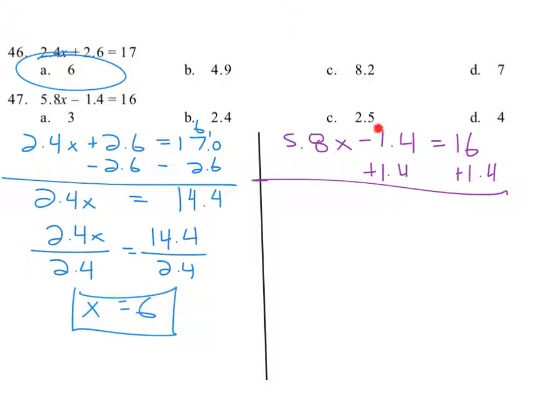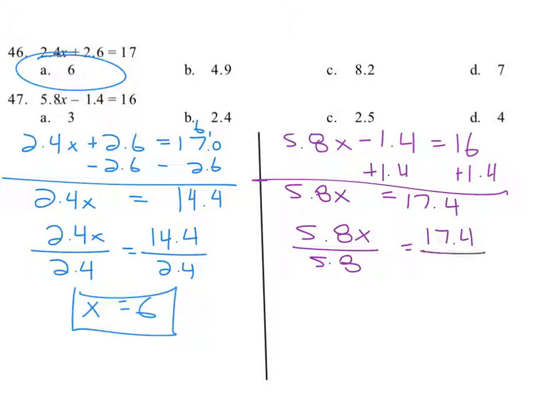Okay. This was negative 1.4, so we're going to do the opposite, plus 1.4 to cancel it out. Okay, and we get 5.8x equals 17.4. Okay. 5.8x divided by 5.8 equals 17.4 divided by 5.8.